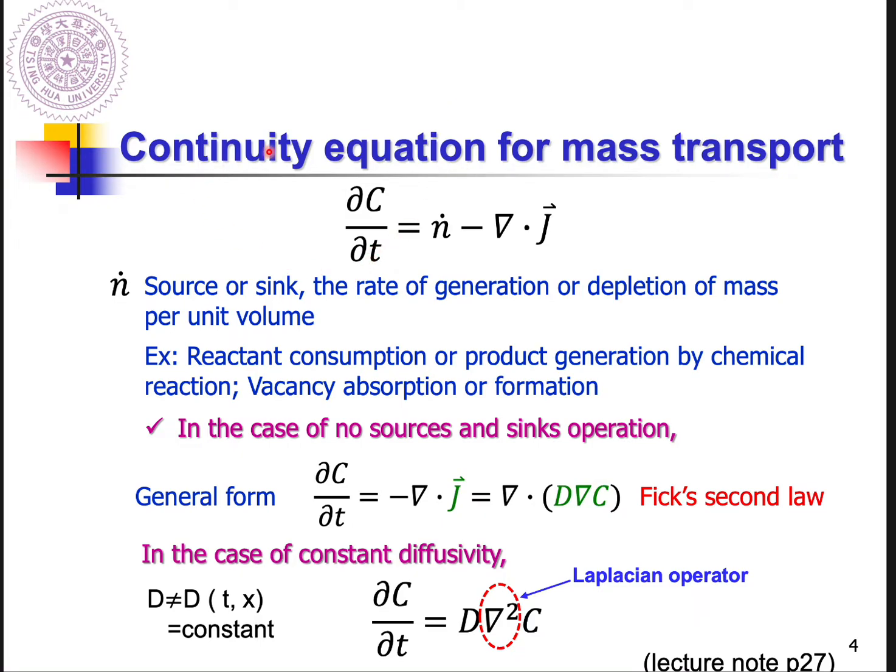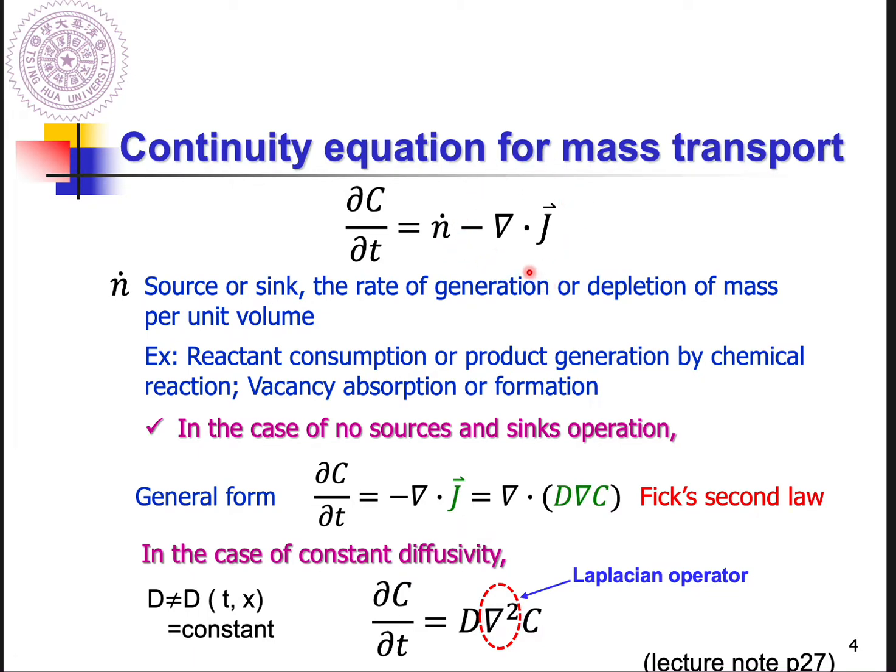So the continuity equation: if you have an interesting material system, a cubic bulk of your system, the concentration evolution, partial C partial t, in this box can be expressed as the rate of generation or depletion of this mass, these diffusing atoms per unit volume, plus what?